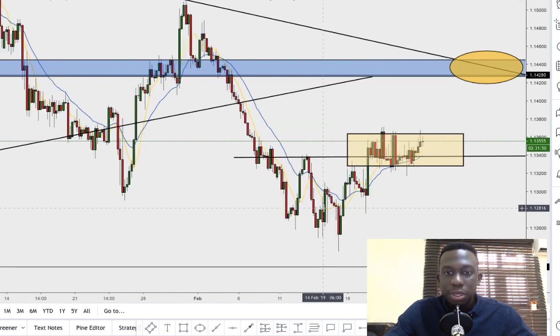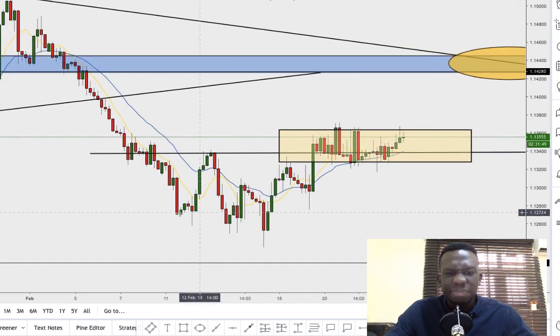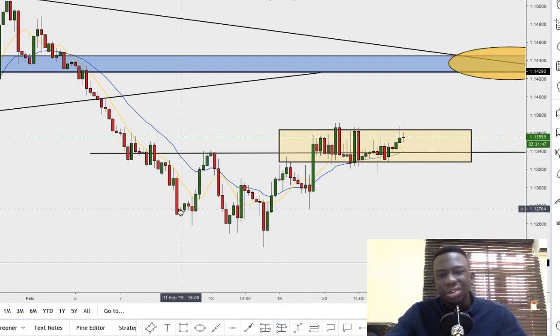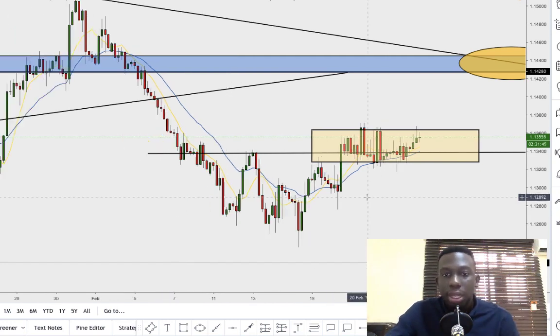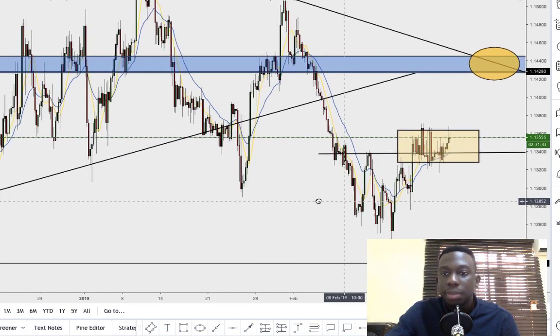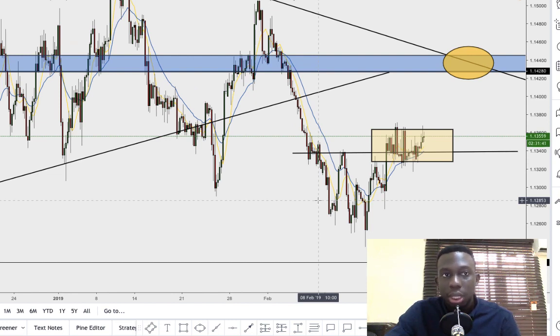And obviously I spotted something that looked like it wasn't really a head and shoulders, it was something of that sort. And then I was like, I think the market is about to reverse. So I decided to take my profit, put it in the bank, had a decent Friday, had some nice withdrawals. That's the most important thing in this market.